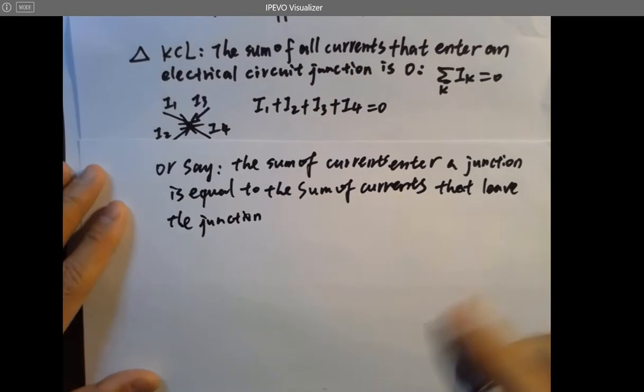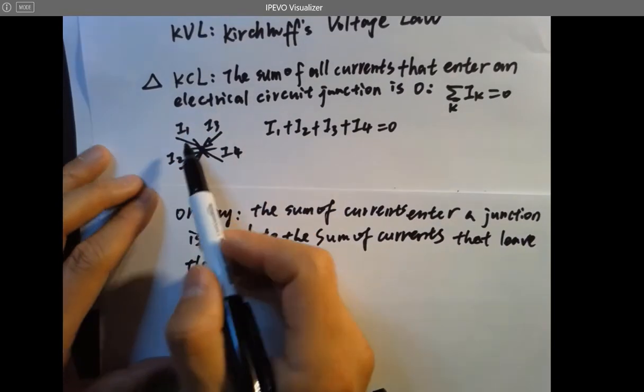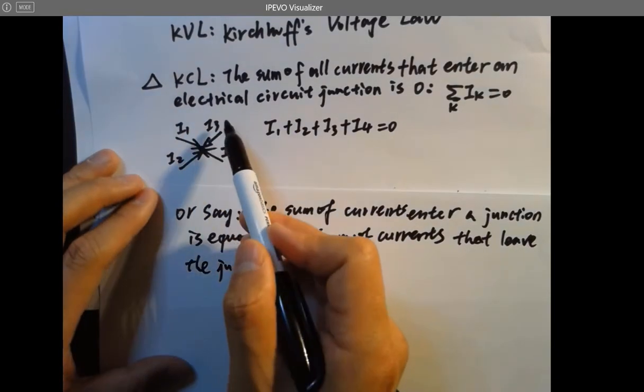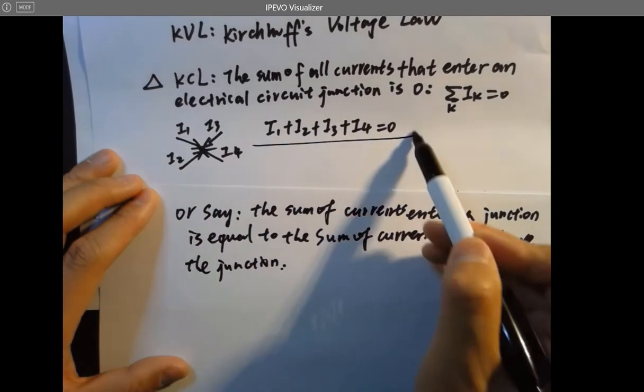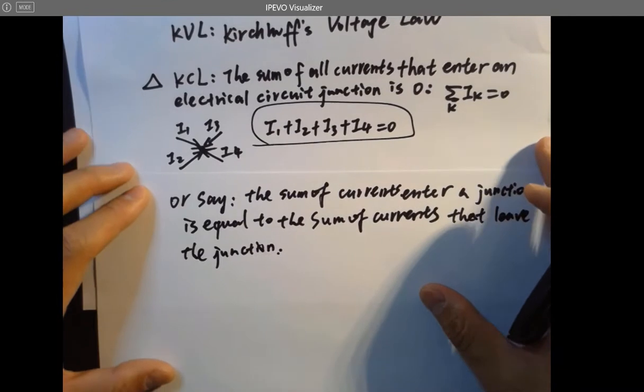So let's see why this is the same. For example, we are looking at this one, right? I1 plus I2 plus I3 plus I4 equals 0. That's a law. It won't change at all. It's always going to work.